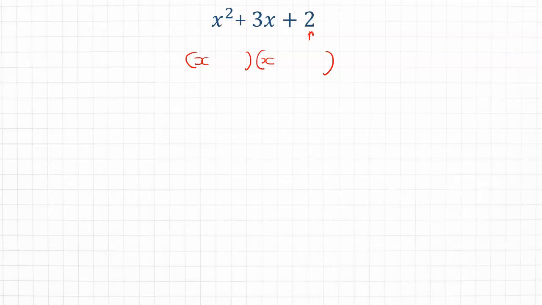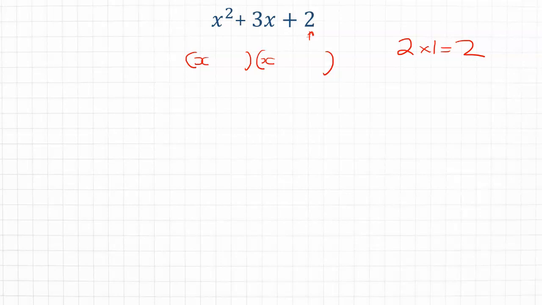So I would write down all the pairs of numbers that multiply to 2, the last number. In this case, that is only 2 and 1, but in other cases, there may be several pairs of numbers which multiply to the last number in the expression. The next thing I would do is, out of these pairs of numbers, find which pair adds to the number next to the x in the middle of the expression.